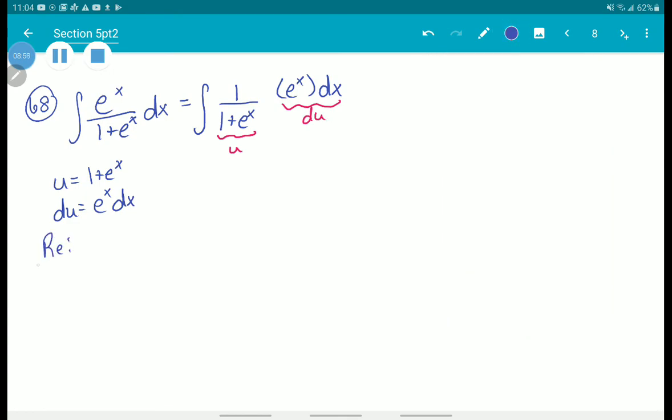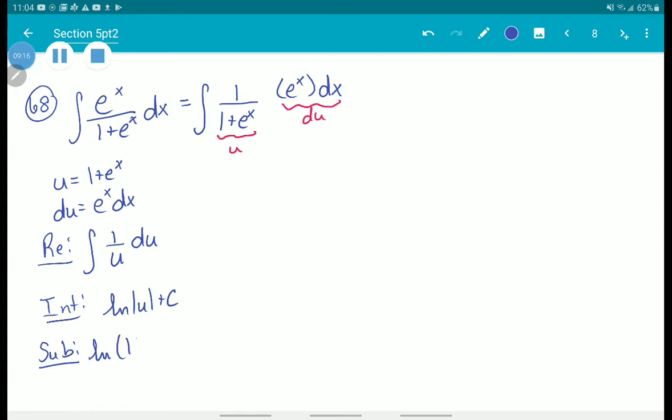So when we rewrite this, we have 1 over u times du, which is our ln rule. And in this case, we can drop the absolute value because 1 plus e to the x is always going to be a positive number. The absolute value just ensures positive.